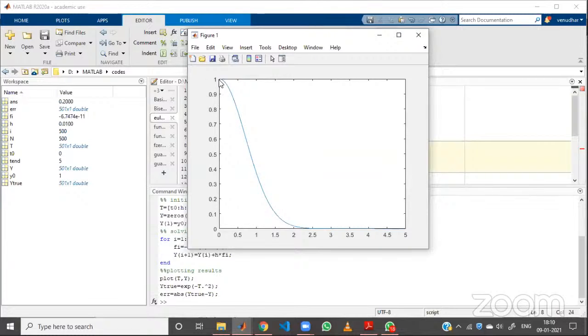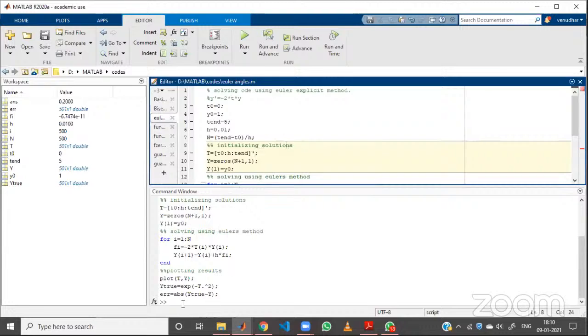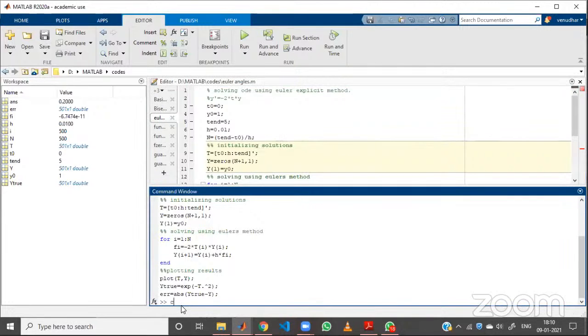See the graph. It will be more accurate than the previous one because we have more values of y_i. So this is Euler's explicit method.